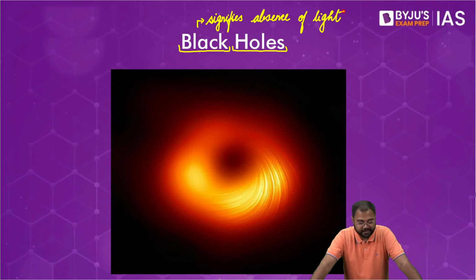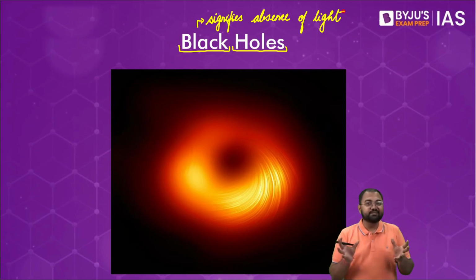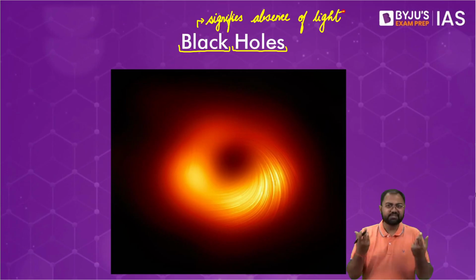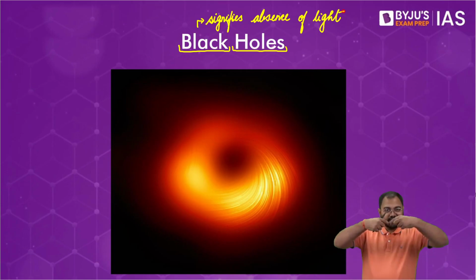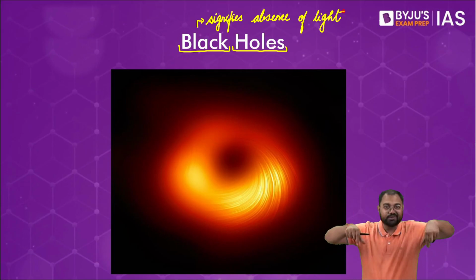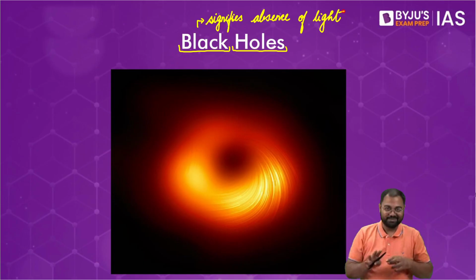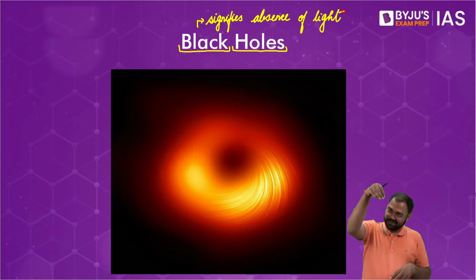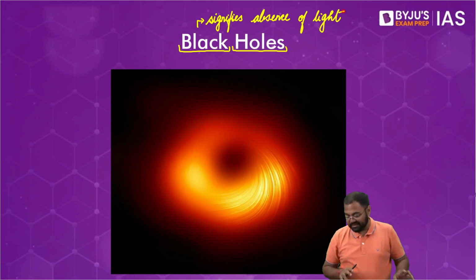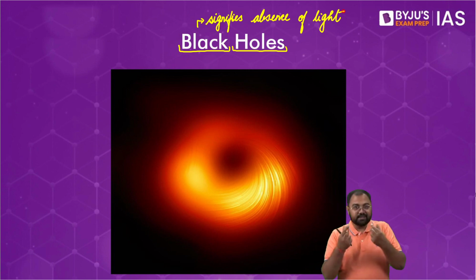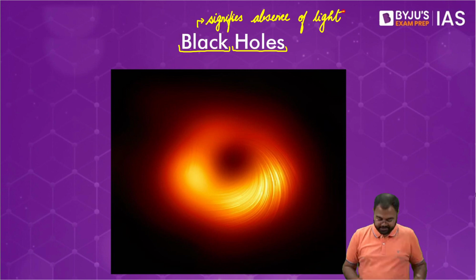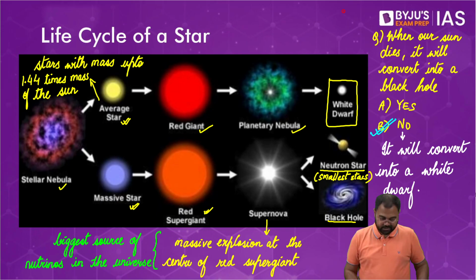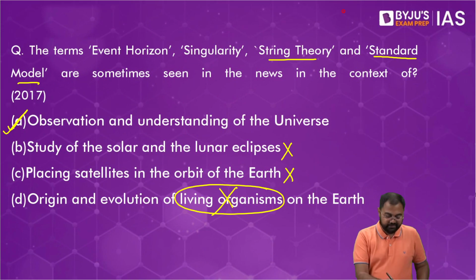You can imagine this like a well. Just imagine a well. A well also has a boundary all across it, and if you cross that boundary, I'll suggest against it, but if you cross that boundary, what happens? You fall into the well. The same happens with a black hole, which has a boundary called the event horizon. We saw this term here, event horizon.